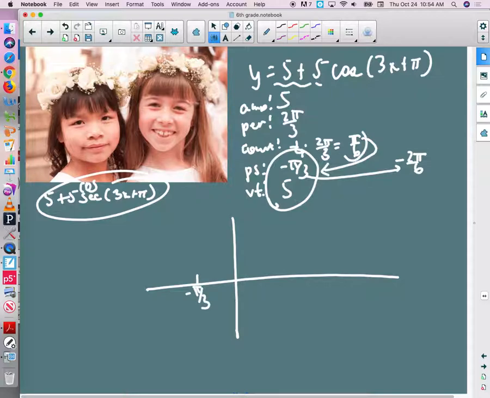And I'm going to add by pi over 6's, which are half as big. Negative 2 pi over 6 plus pi over 6 is negative pi over 6. Plus the next pi over 6 is 0. Plus the next pi over 6 is pi over 6. Plus the next pi over 6 is 2 pi over 6, which is pi over 3.